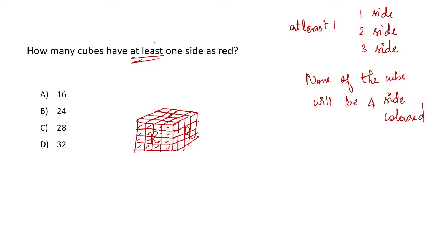So here also they are asking at least one side painted, right? So these 16 cubes and these 16 cubes will be at least one side painted red. So 16 plus 16, 32 cubes will be painted red altogether. So the answer is 32.